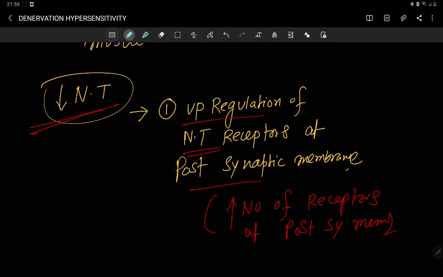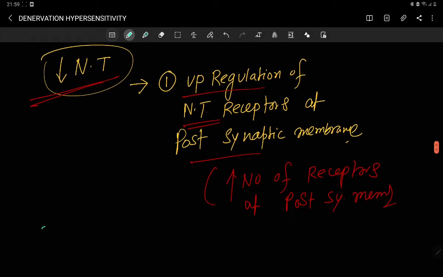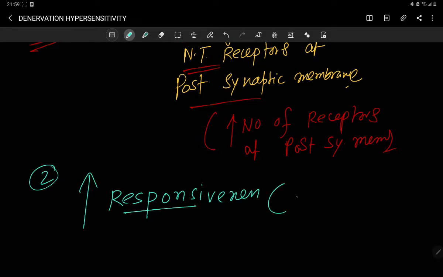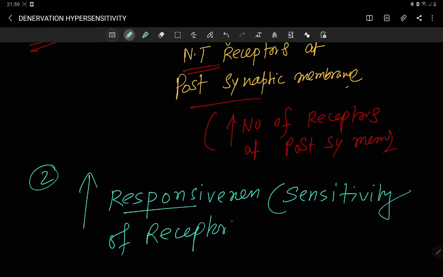Next, not only that, due to reduced neurotransmitter, why is this neurotransmitter reduced? Due to the degeneration. Further, one more thing is also happening: increased responsiveness, or you can say sensitivity, of receptor to neurotransmitter.